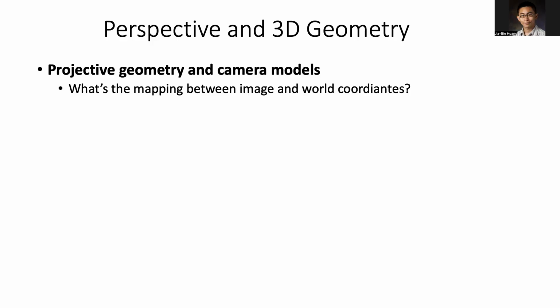What is the relationship between that 3D XYZ and the x and y in the image space? We want to build the relationship between these two. The reason is that later on, if you have multiple images looking at the same 3D point, you will be able to triangulate that 3D point.